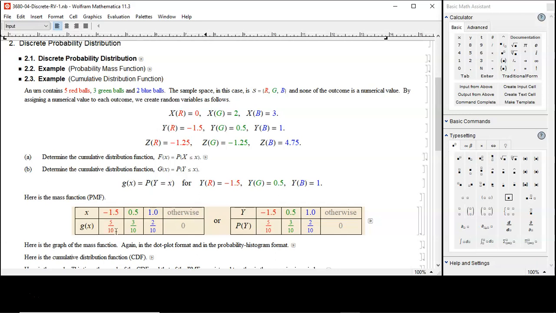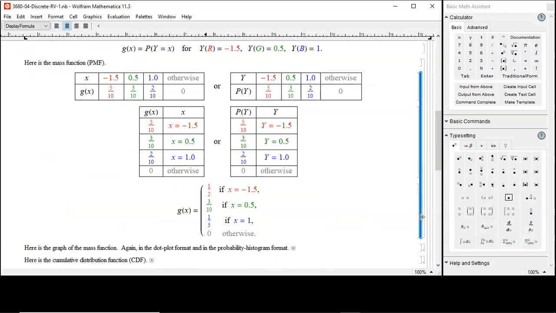And those probabilities are 5/10, 3/10, 2/10 because those are the number of balls, and otherwise impossible, so probability 0. That's going to be easy, right? You can express the same thing in vertical tabular form or as a piecewise function form. They're all the same.